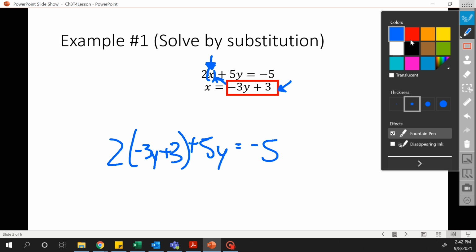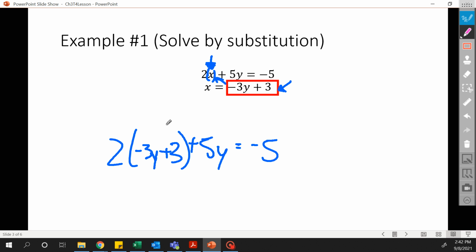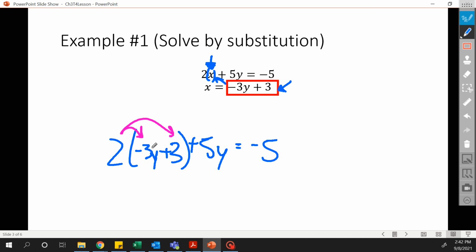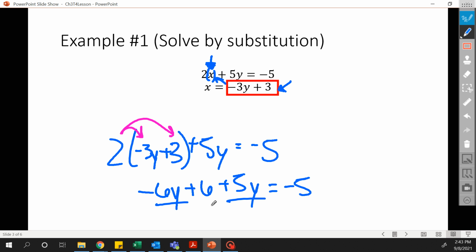At this point, we can simplify this equation by distributing and combining like terms. So 2 times negative 3y is negative 6y, 2 times 3 is 6, and then plus 5y, and then equals negative 5. Then we can combine our like terms, negative 6y, positive 5y.